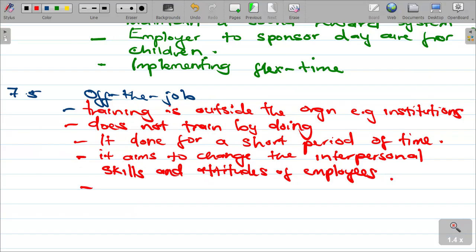And also, off-job training may have little follow-up.